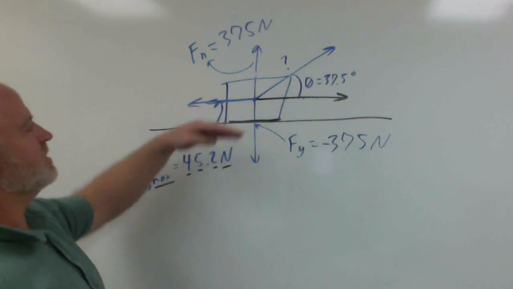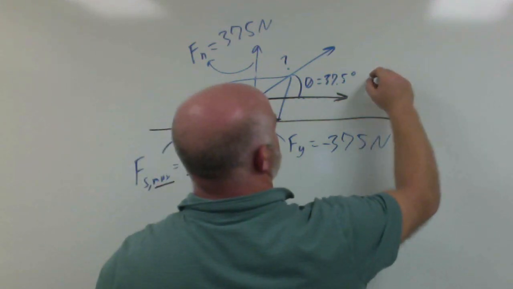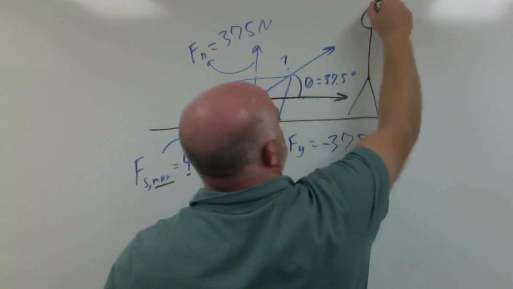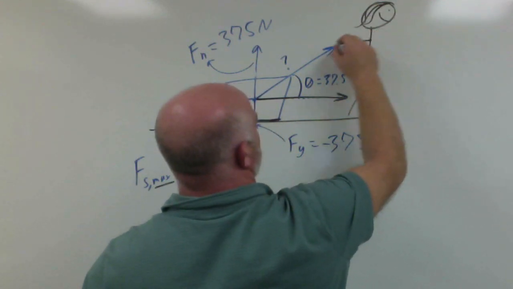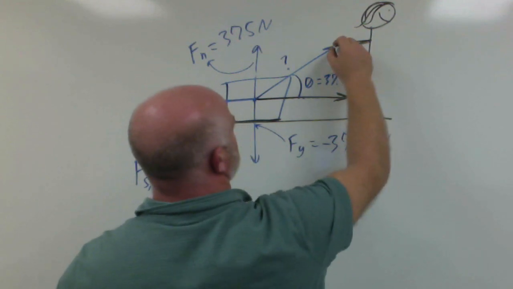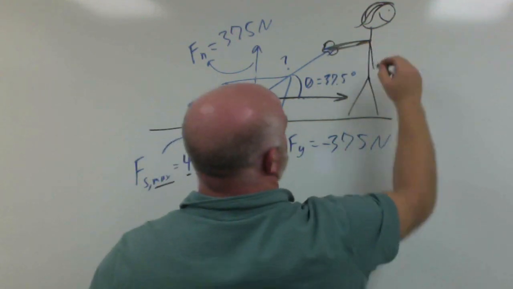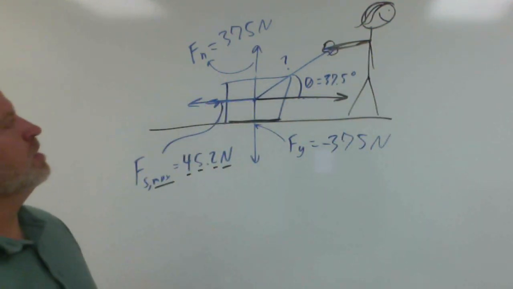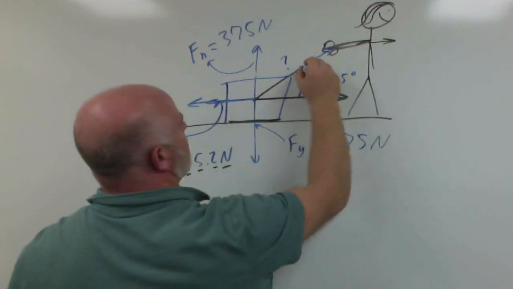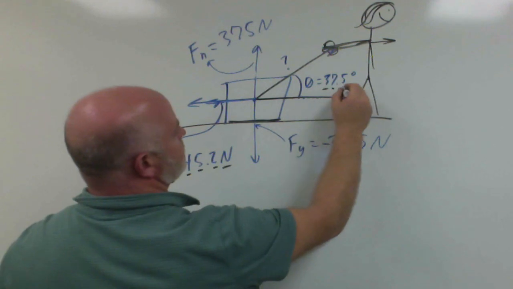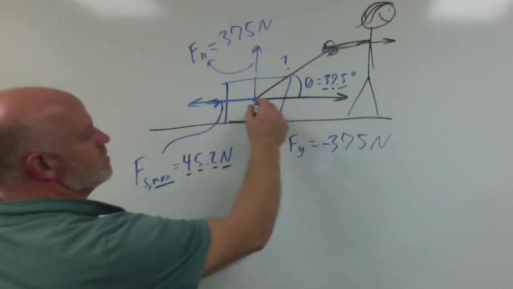Now, this block is sitting on the ground, and I am standing up here, smiling away, holding on to the string, there's my big hand, ready to pull. As I pull in this direction, it comes up at an angle that is 37.5 degrees from horizontal.